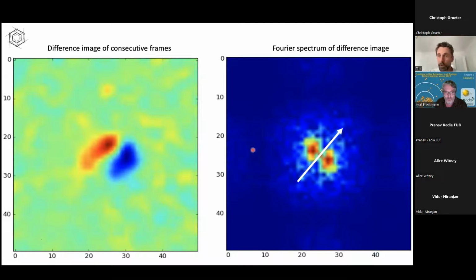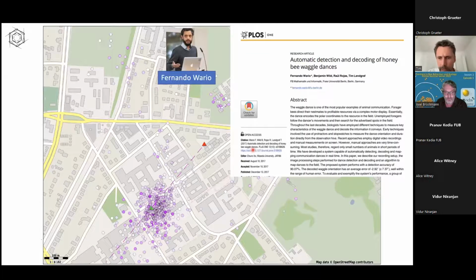And that was the first software solution that we published in 2017, I think. And we used that to decode dances. We measured and evaluated exactly how good the software can do that. Fernando was the PhD student back in the day. He's now working in Italy.